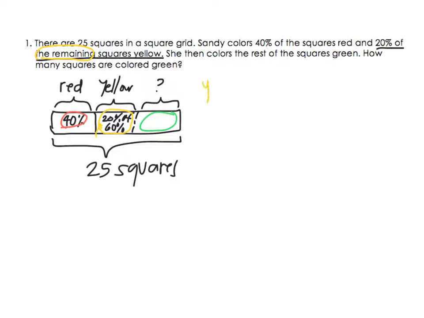So to solve for the percentage of yellow squares, we can use 0.20, or the decimal value for 20%, and multiply it to 60 to get 20% of 60%, and you will get 12.